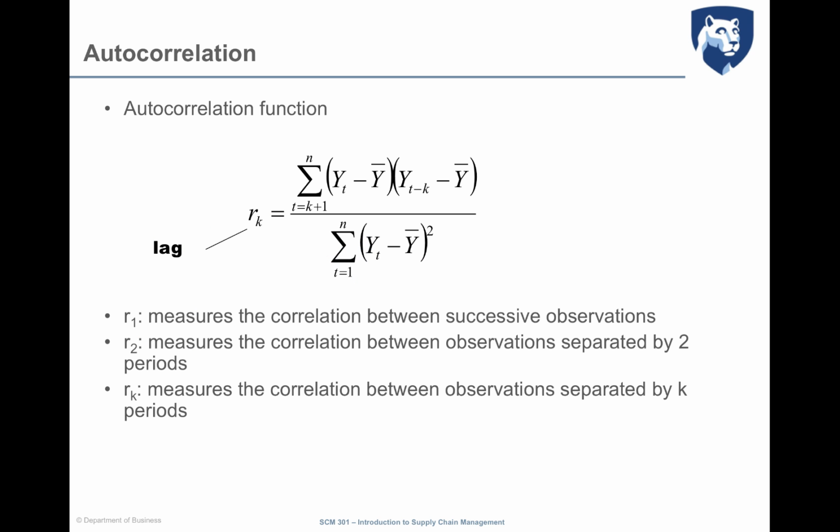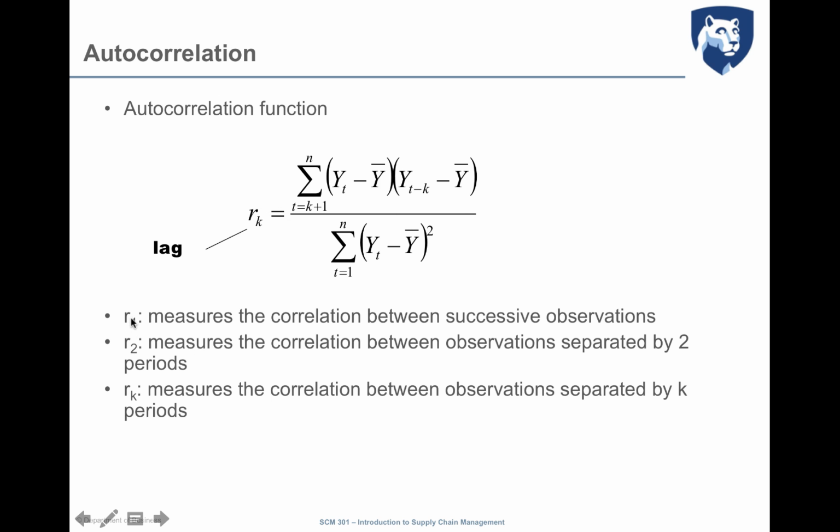Then there is also another type of correlation, which is named autocorrelation. The autocorrelation measures the correlation between the observation in a particular period and successive observations in following periods. You see that this is R_k and this is the formula.